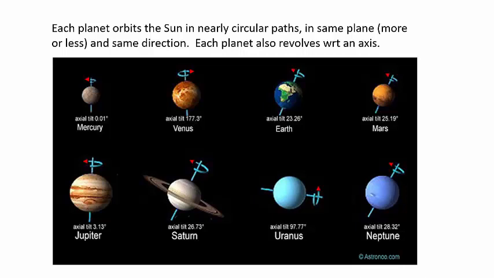And each planet also rotates around an axis. They're spinning like little tops. You would imagine that they would all have the north and south poles pointing perpendicular to the entire plane of the solar system, but they're a little bit off kilter. As you may know, the Earth has a tilt of 23 degrees, 23.26 degrees.